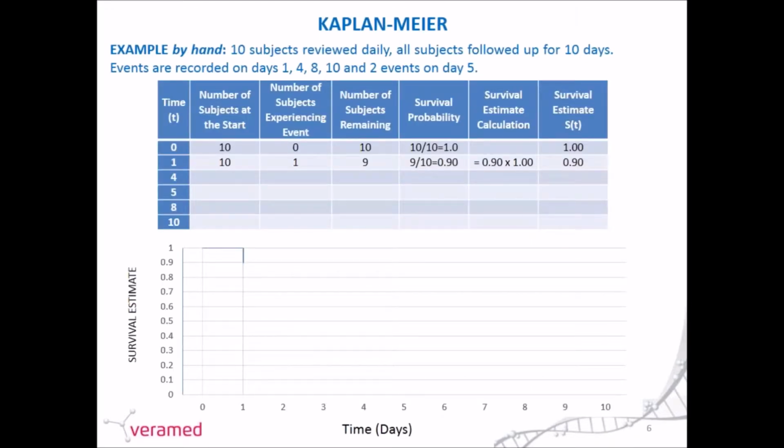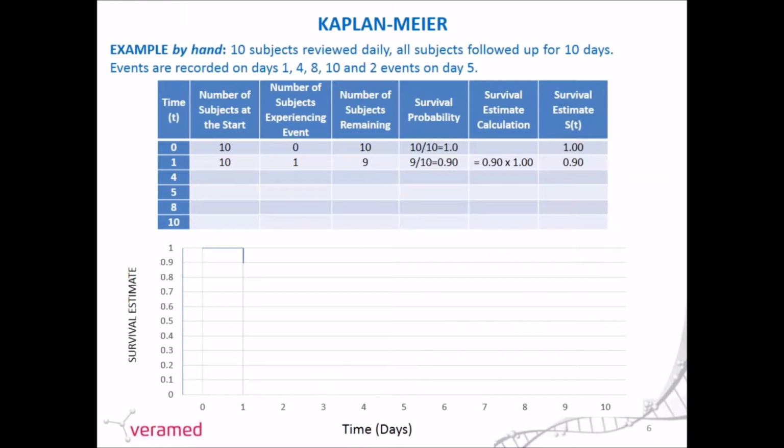So at the top here, I've got what is known as a life table. This records the number of subjects at each time point, and then calculates the survival estimate. And at the bottom, an example of how you build out the Kaplan Meier plot.